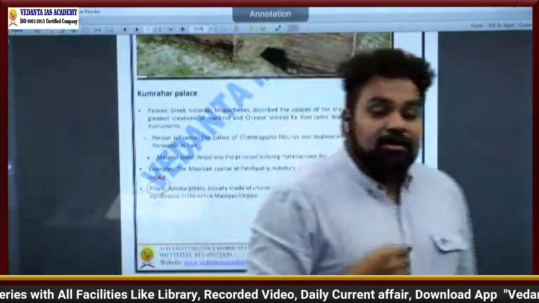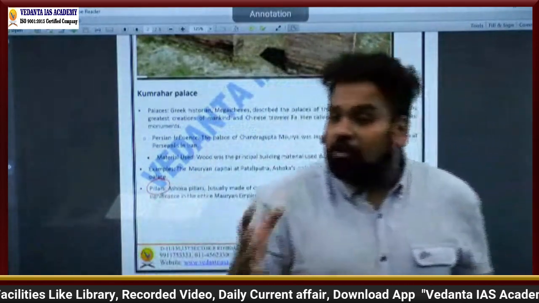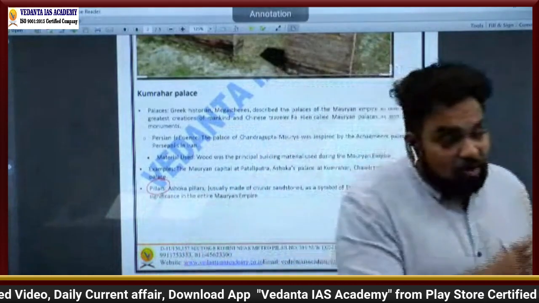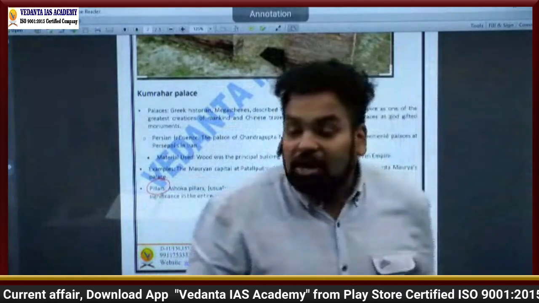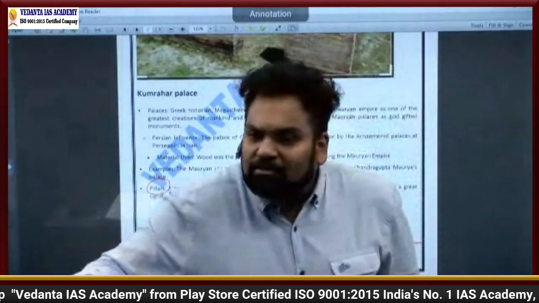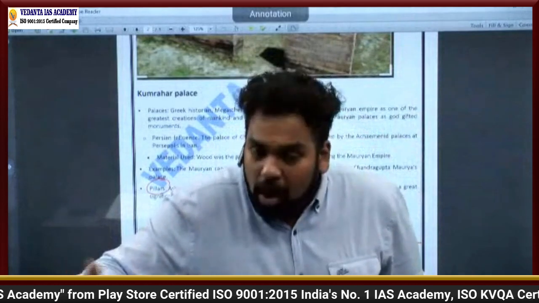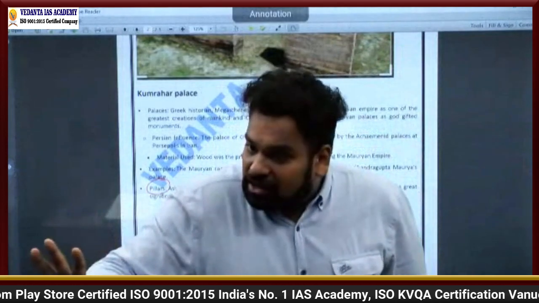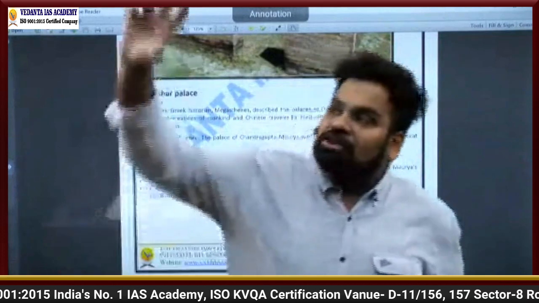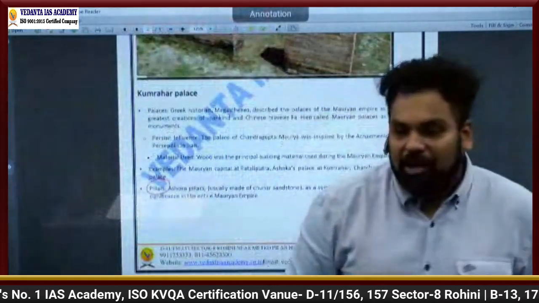And to my surprise, that 40 feet pillar of Ashoka was made out of a single stone. It was a monolithic structure. Although it is not surviving in the monolithic form right now, when it was constructed, it was in the monolithic structure, right? पूरा का पूरा 40 feet का एक single stone से बनाया हुआ है, right?